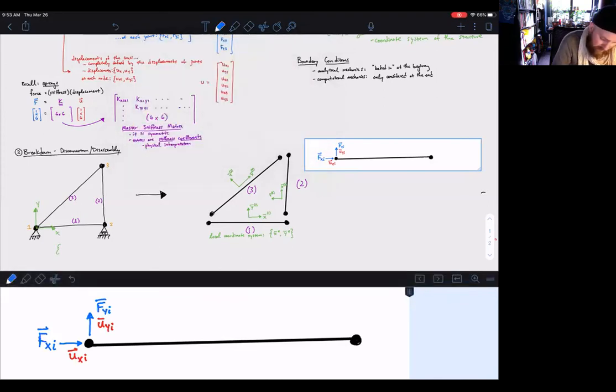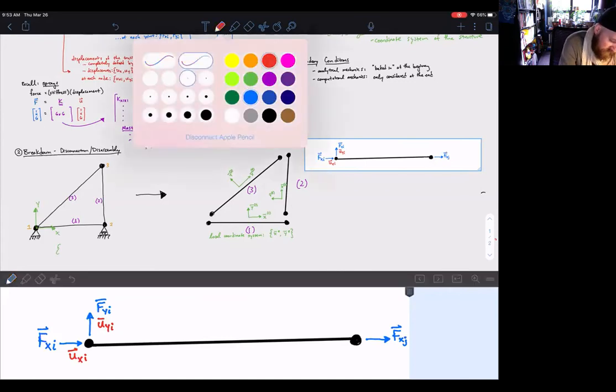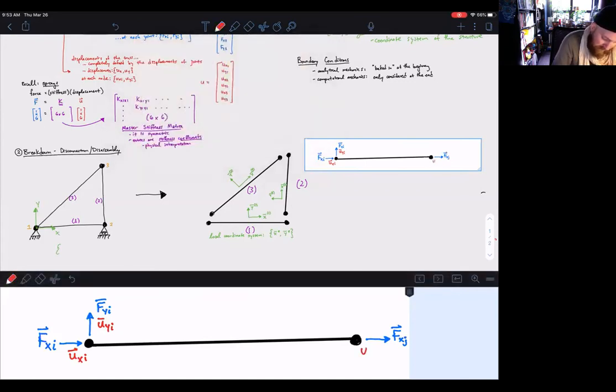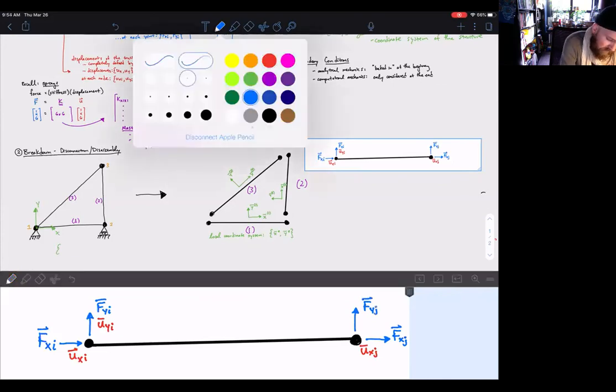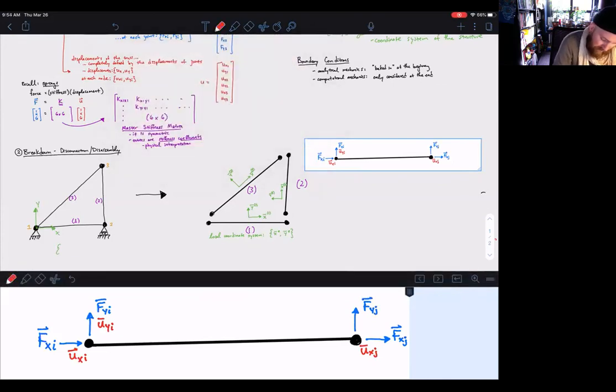And if that's the ith node, then we can go over here to the j node and we can say, well, we have a force f x j, which would cause a displacement u x j, and similarly f y j, causing a displacement of u y j.